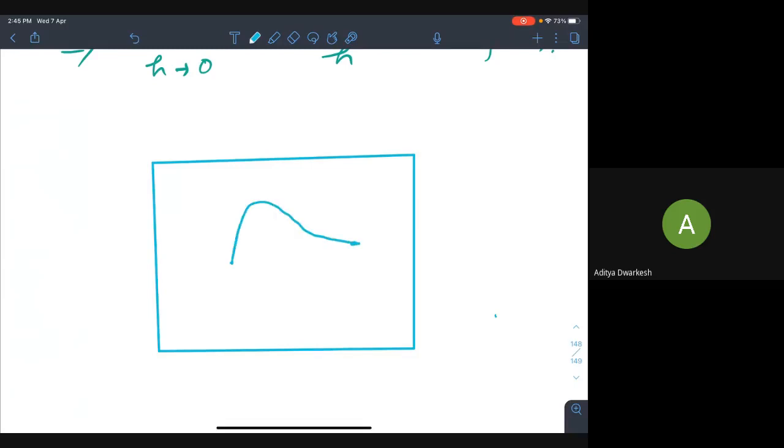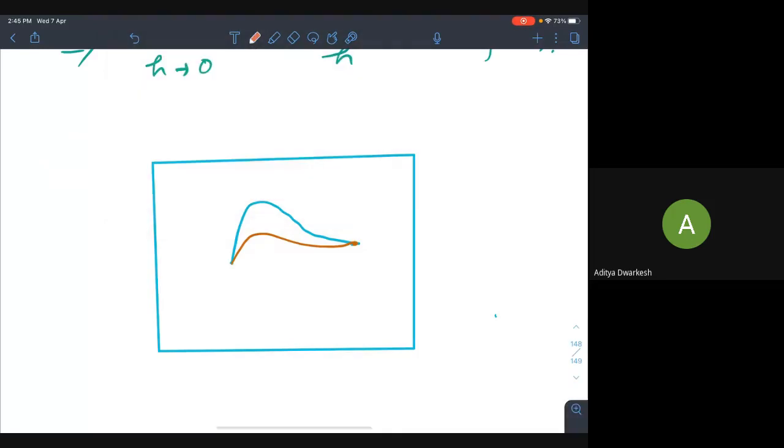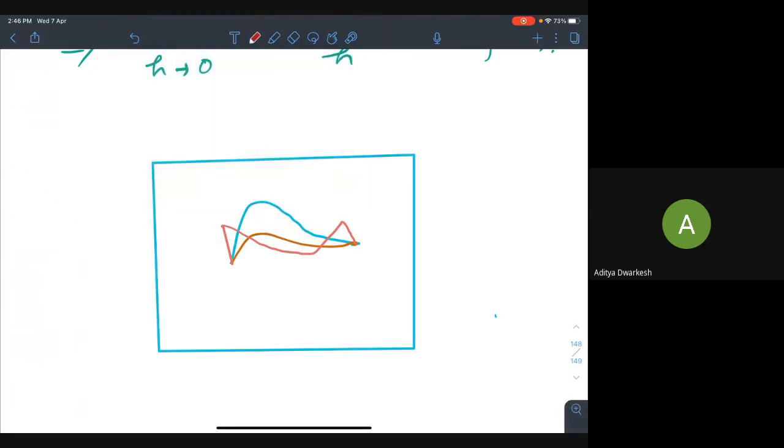You can go this way, this way, this way, this way, you can go this way.